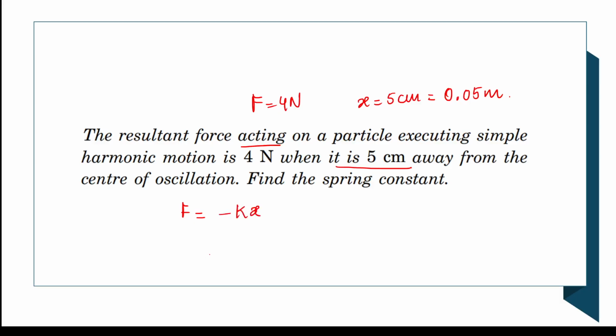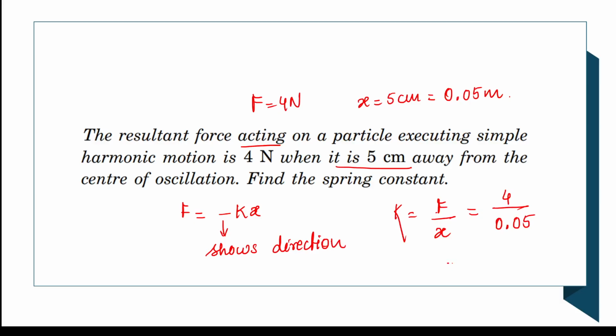Now because I'm finding the value of k, the minus here just shows direction, so we are not using the direction when we are calculating k. So k is F over x, 4 over 0.05, that is 80 newtons per meter.